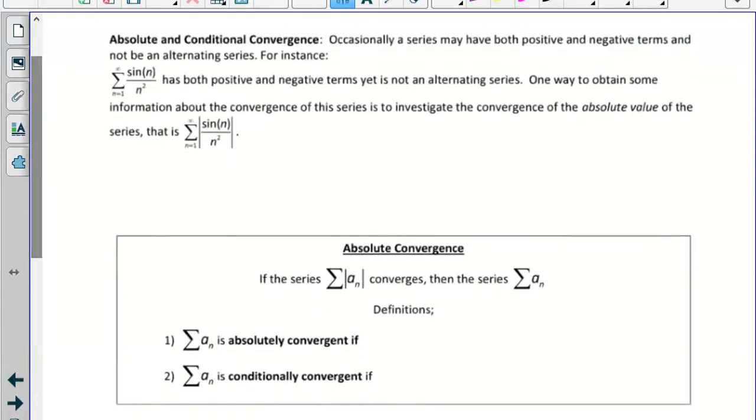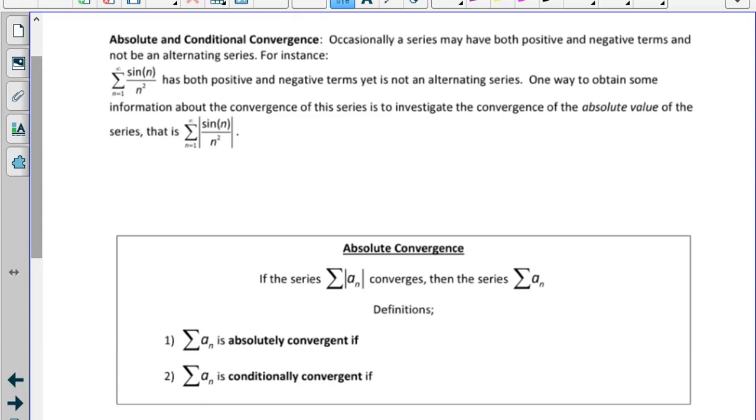Absolute and conditional convergence. So occasionally, something may not be an alternating series, but it still has positive and negative terms. If we have this situation, then what we want to do is determine whether this series has a specific type of convergence, which we call absolute convergence.